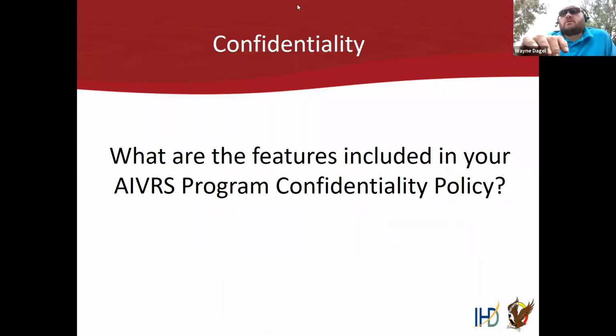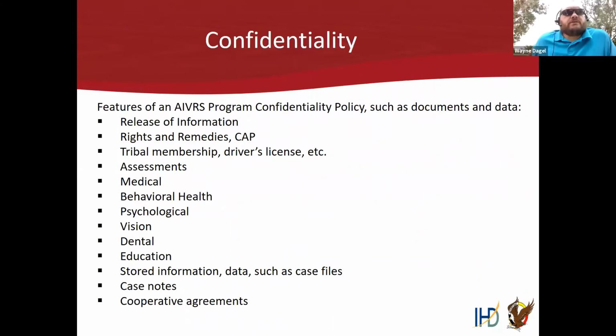All right, let's go ahead and go to the next slide, Suzanne. Some of the features that we see in the program confidentiality: we look at releases of information, of course, rights and remedies, CAP, tribal memberships, assessments, medical, behavioral health, psychological. This goes back to an earlier post in the chat box, a question about how we handle sensitive evaluations and assessments.